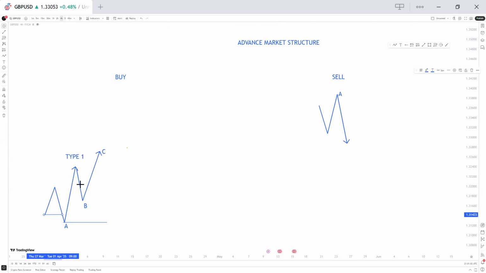Understand? This pullback here, then price giving you a reversal to like 50% of the pullback or breaking above it. Understand? You look for that on the chart. Those are the things you need to know.